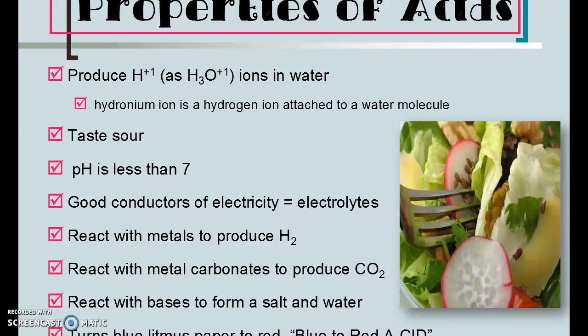If they react with a carbonate, which we have not done, we've broken down carbonates, but if they react with a metal carbonate, they produce carbon dioxide gas. And they react with bases to form a salt and water, which is what our ending thing that we're going to do. That's a neutralization reaction, and we'll deal with titrations here soon. And then, of course, they turn blue litmus paper red.